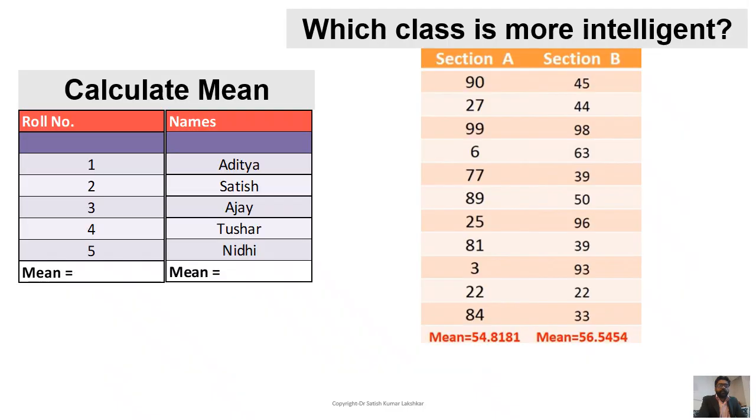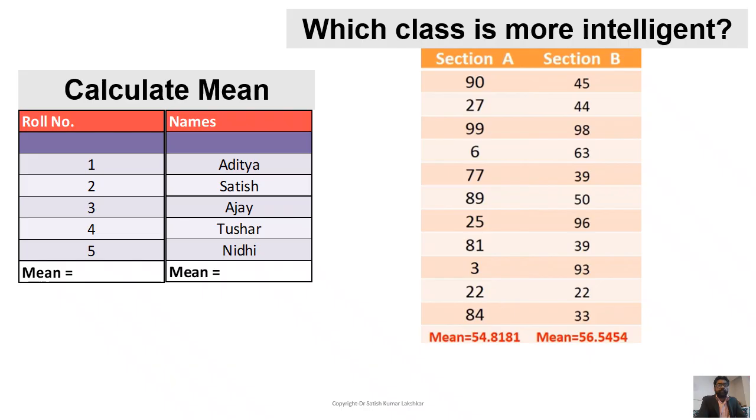Now, on your screen, you can see there is a table on the left side, and you are supposed to calculate the mean. There are some roll numbers of 5 students, and some hypothetical names are also mentioned. Now the question is, is it possible to calculate the mean with the help of this data? Now we can see this is categorical data. Names are categorical in nature.